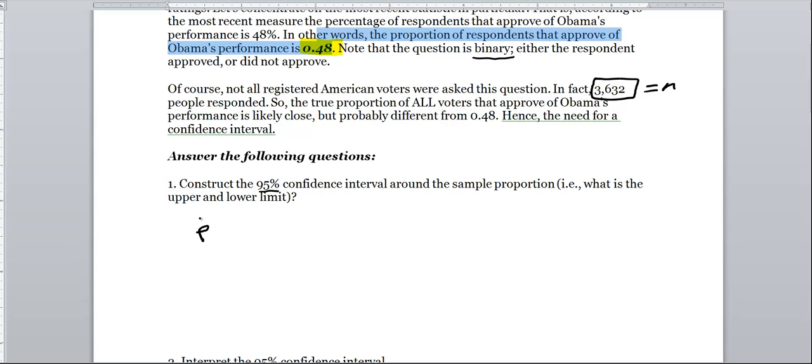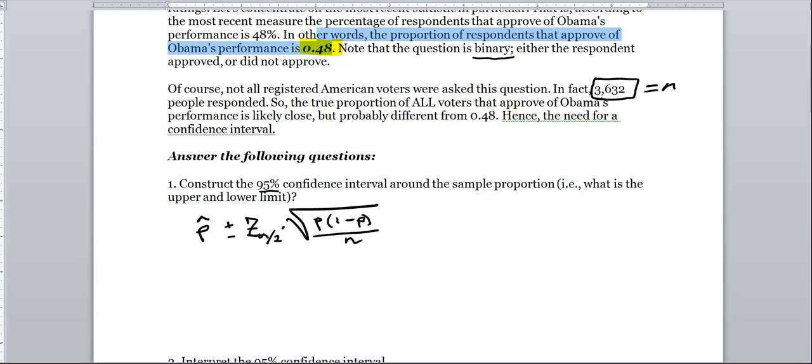And the formula is going to be, well, my sample proportion, which I believe your book uses p hat, other textbooks use p bar or just p. The sample proportion plus and minus, plus for the upper limit, minus for the lower limit, a standardized value, this is called the z critical value, times the square root of p times 1 minus p over the sample size.